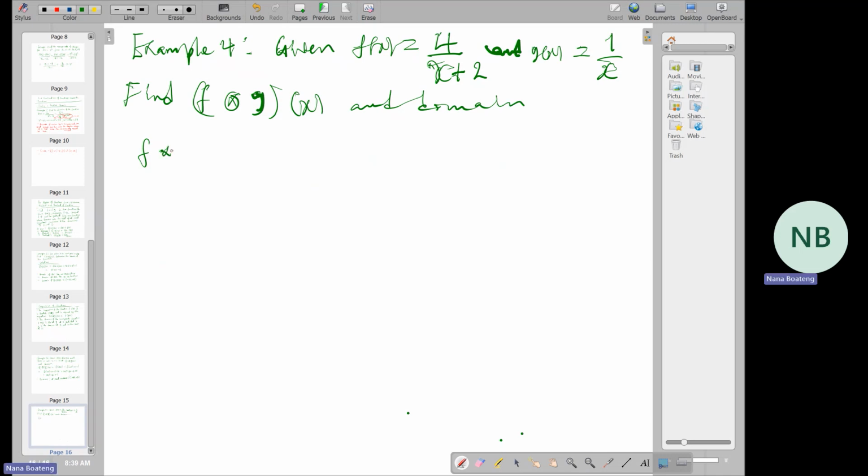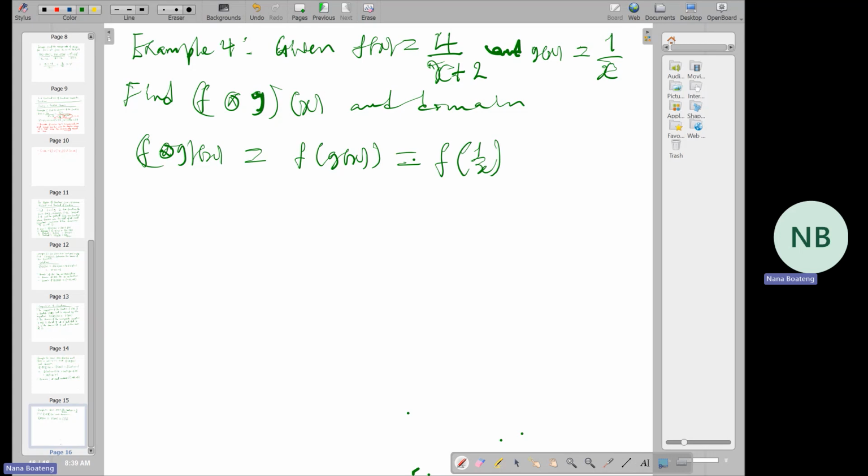So f of g of x. g of x is 1 over x, so f of g of x is f of 1 over x.